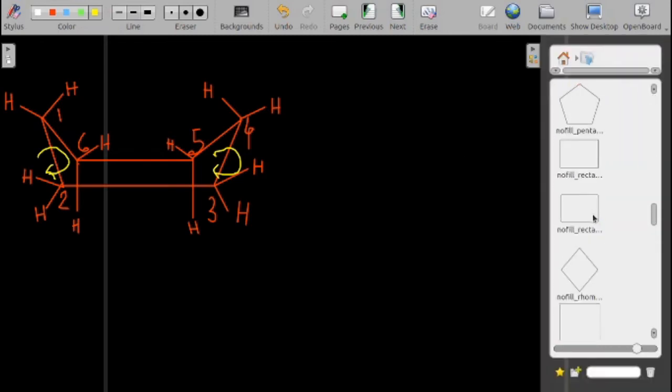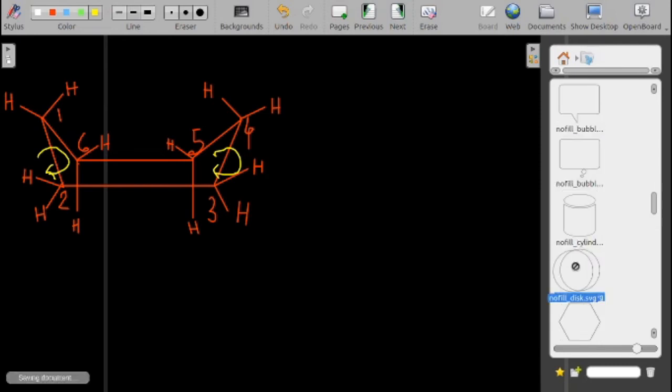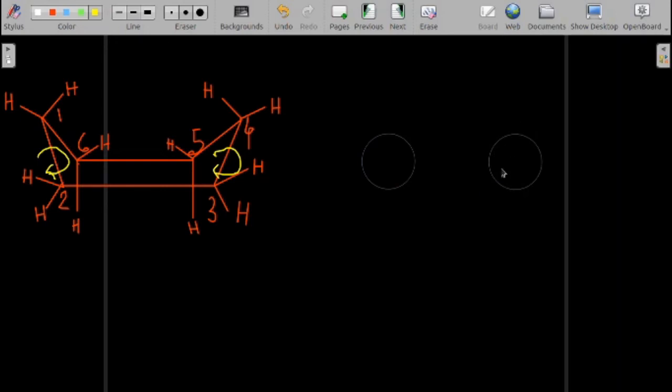So here we will draw the two circles for sketching the Newman projection. First, you will see that this equatorial hydrogen and this equatorial hydrogen are on the same side.